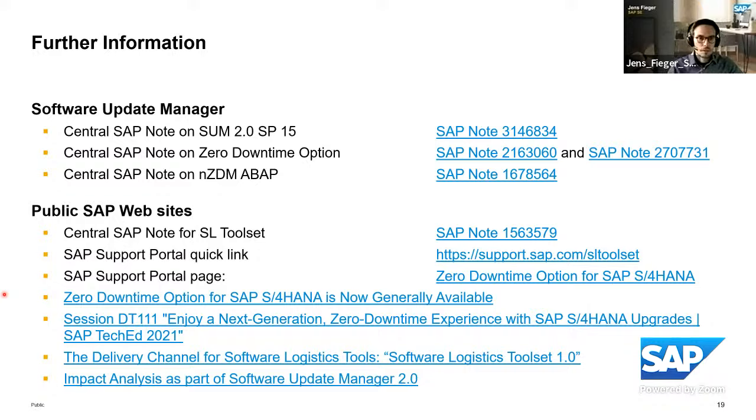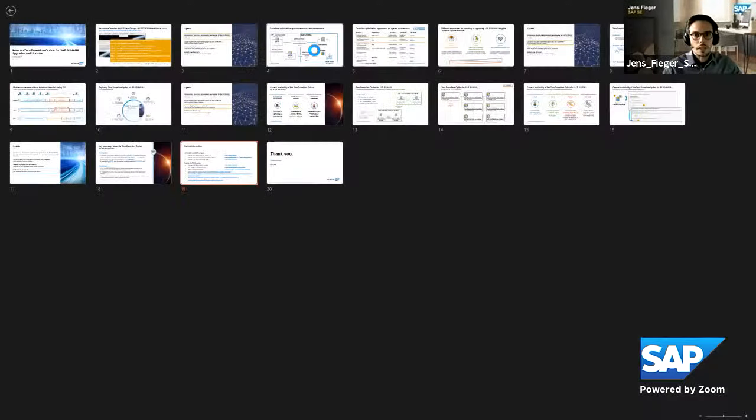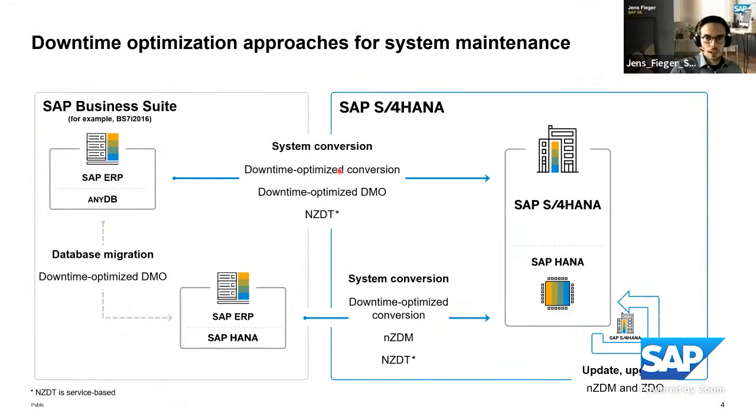For the system conversion, and I may jump back to one of these slides here, we have the downtime optimized conversion. So there's no plan to have a zero downtime conversion.